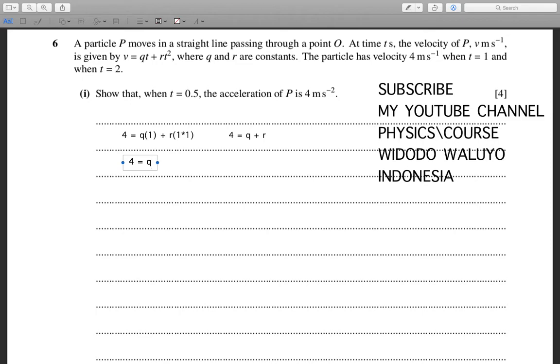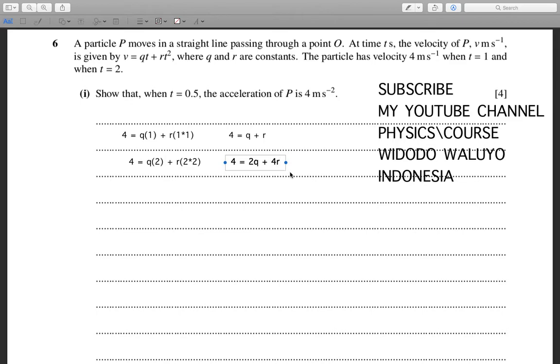Sorry, I wrote it wrong, this is r. So 4 equals 2q plus 4r.